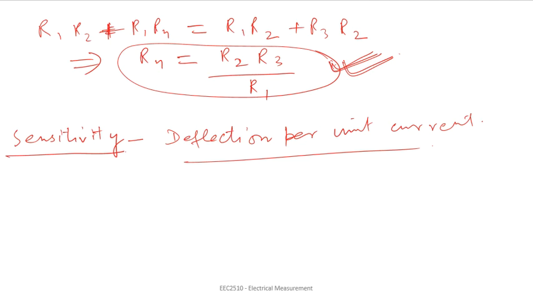This Wheatstone bridge method is used most of the time for measuring the resistance of various types of wire, either for the purpose of quality control of the wire itself, or maybe some other assembly in which it is used. So this is the common application of the Wheatstone bridge. But at the same time there are certain limitations of this Wheatstone bridge method.